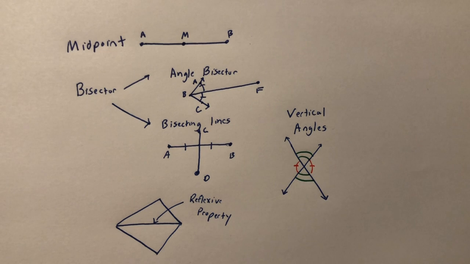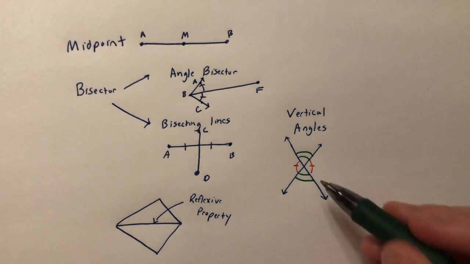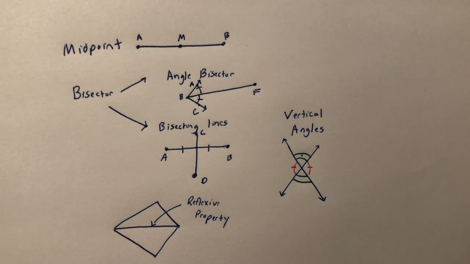They're called vertical angles. When two lines intersect each other, we've created two opposite sets of congruent angles. So those words are going to become really important as we're trying to work through creating proofs, but I just want to make sure we're on the same page as far as the language.